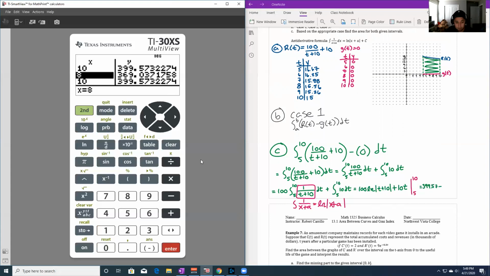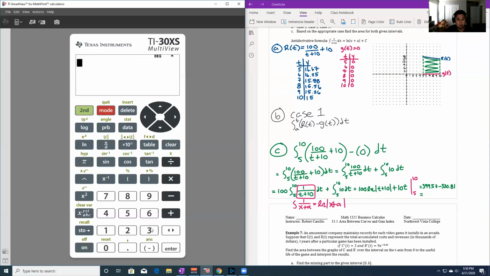Minus, if I plug in 5, 320.81. Which means that all of this, 399.57 minus 320.81, enter, is 78.76.